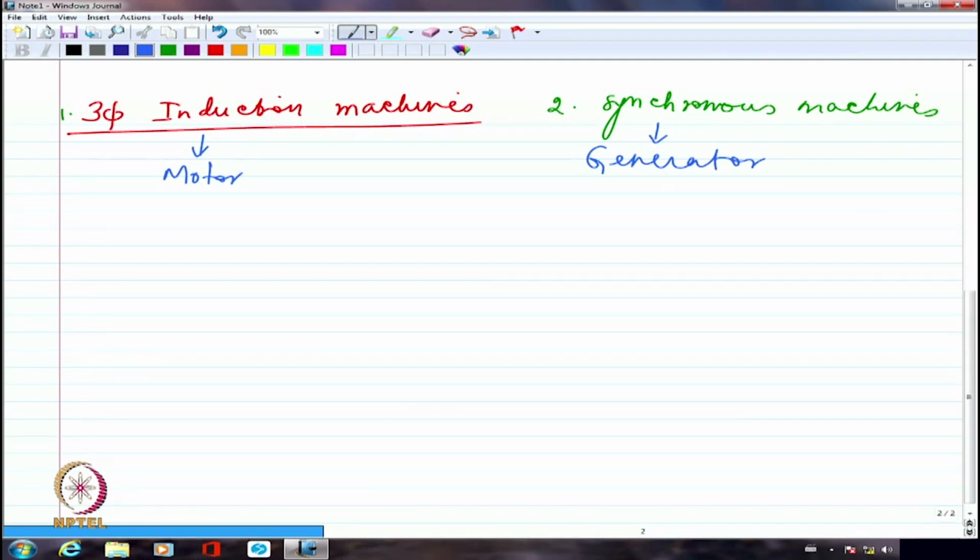Synchronous machine, if you look at all the NTPC power stations, all the NPC power stations, all the hydro power stations, all of them use very clearly only synchronous generators. And the capacities are really, really large. The capacities can be as high as 1000 MVA easily.